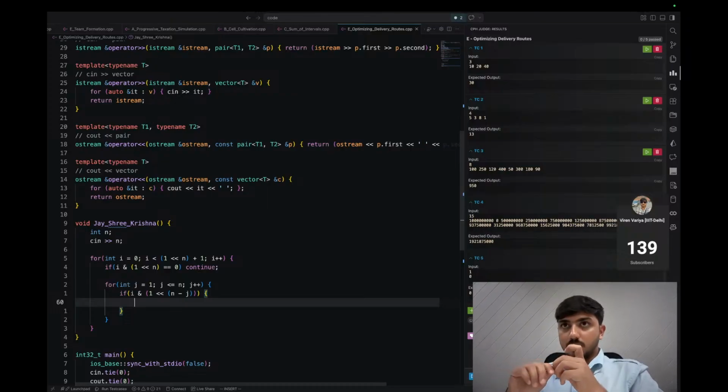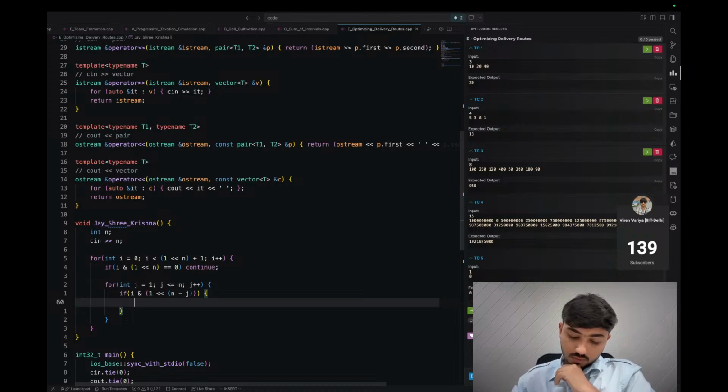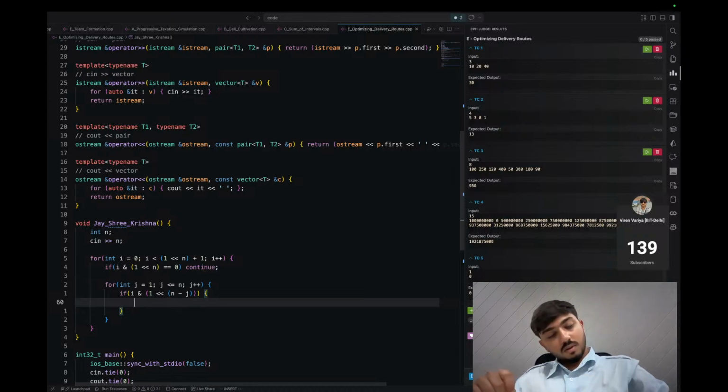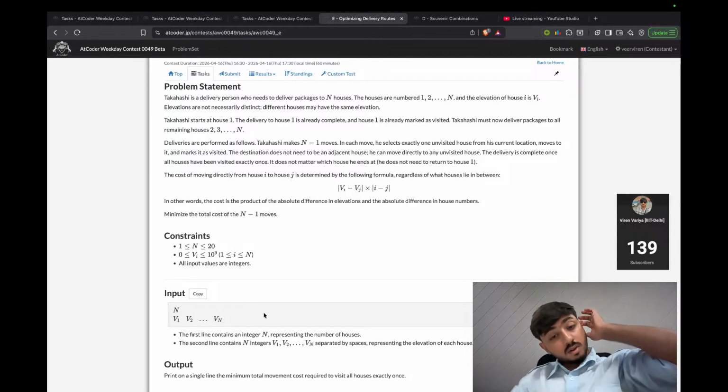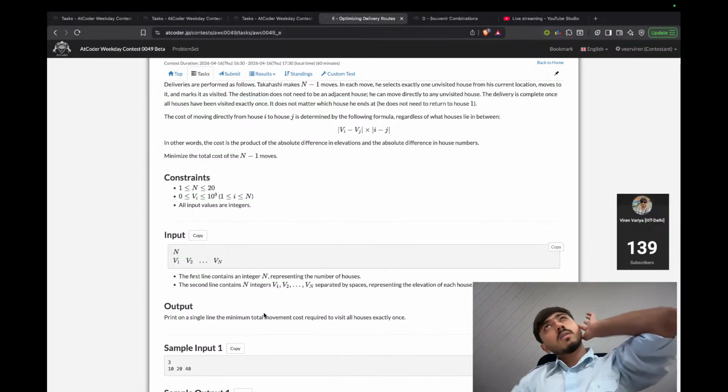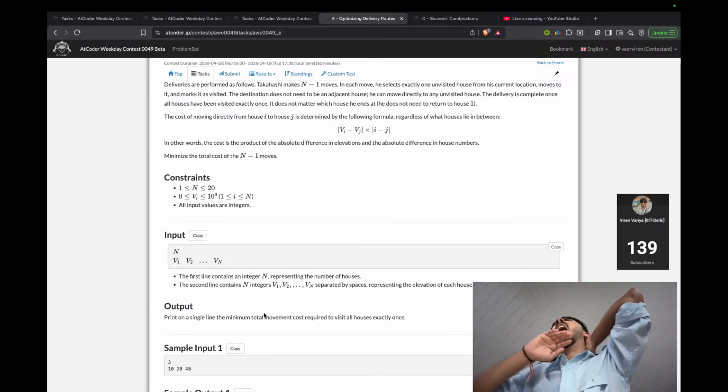No, we can't do bitwise here, right? Can't do bitwise here. And why?